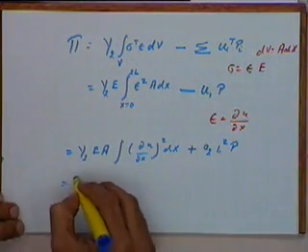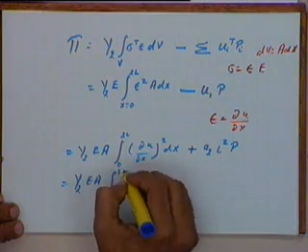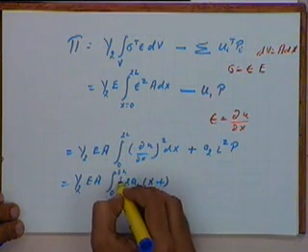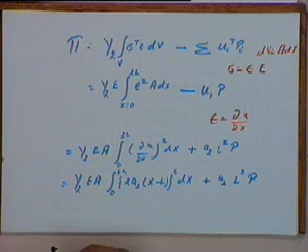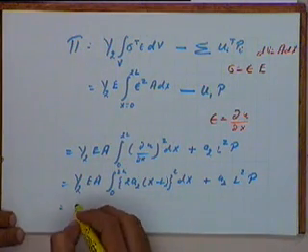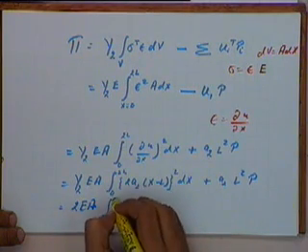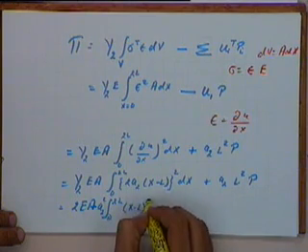This would be equal to half of EA into the integral from 0 to 2L of del u by del x, which is 2 a2 into x minus L, this whole thing squared dx, plus a2 L squared P. We just simplify this, and half EA, so this will become 4, this will become 2 EA, integral from 0 to 2L. It should be EA. Okay, it's fine.